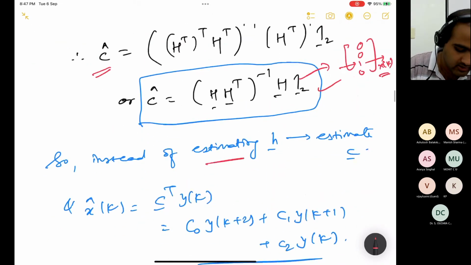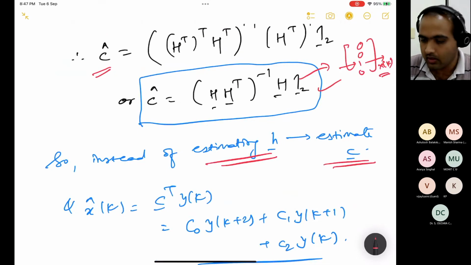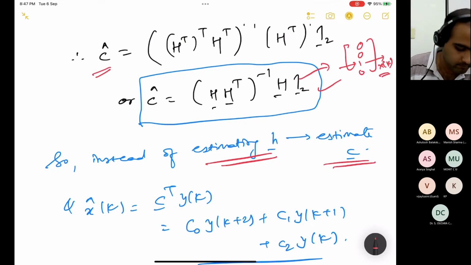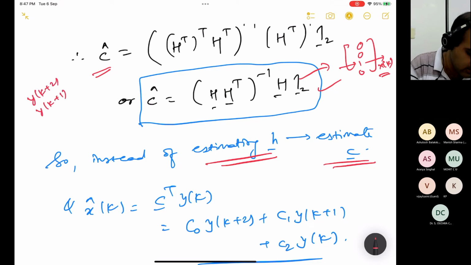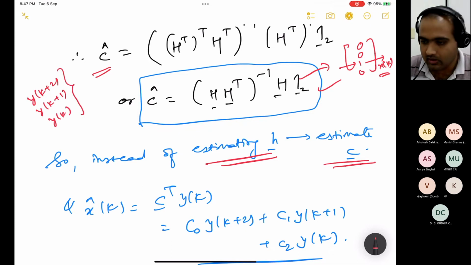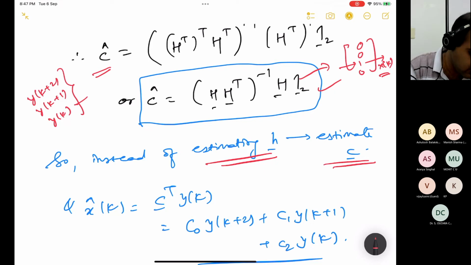So instead of estimating h, we are going to estimate c through the post signal processing strategy. Just remember that in this strategy we are using yk plus 2, yk plus 1, yk, so we are using different time instants at the same antenna, and this is called time diversity.